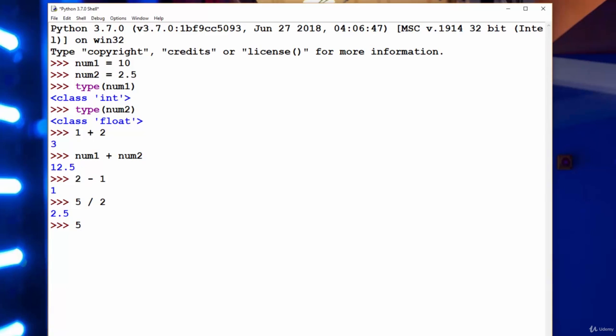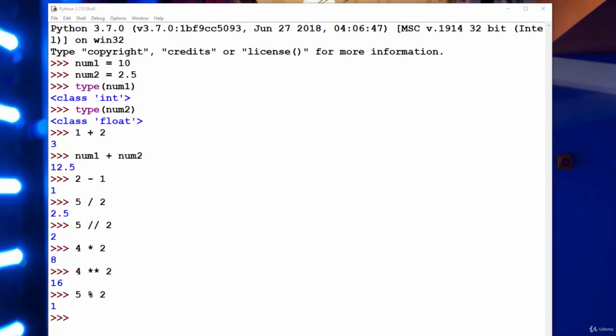Integer division, 5 divided by 2 again, this time returning only the integer part of 2.5. Multiplication, 4 times 2. Raising to a power, 4 to the power of 2. Modulo, this means finding out the remainder after the division of one number by another. So let's say 5 modulo 2 returns 1 because 5 divided by 2 equals 2 with a remainder of 1.